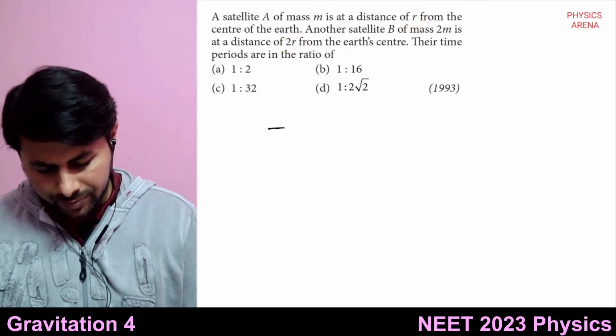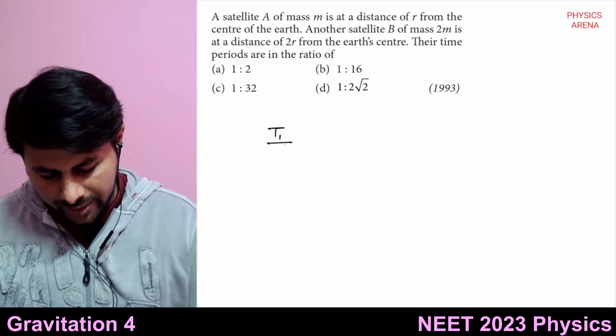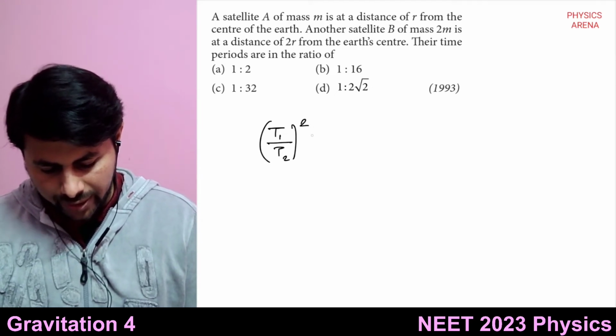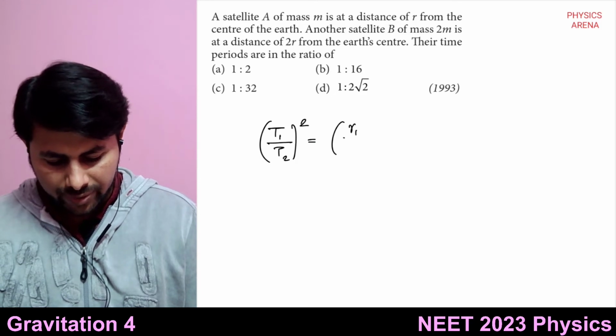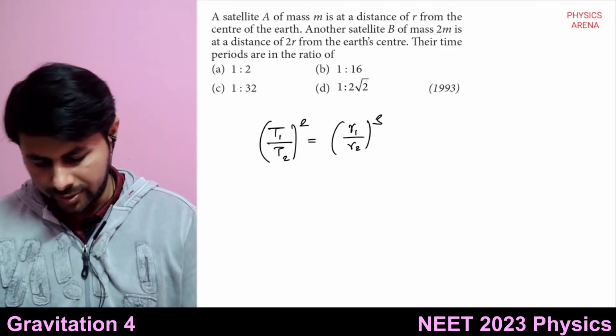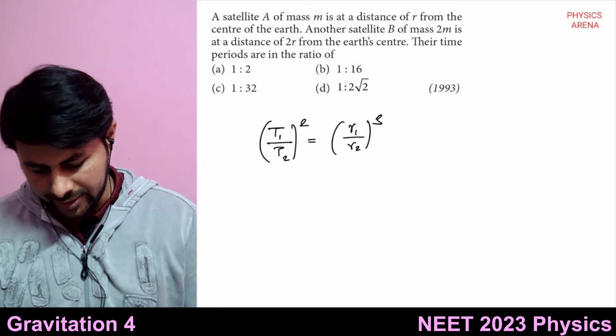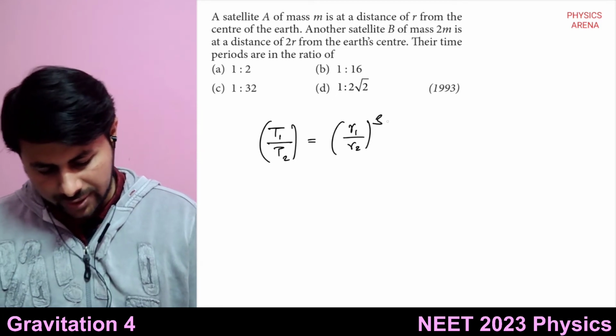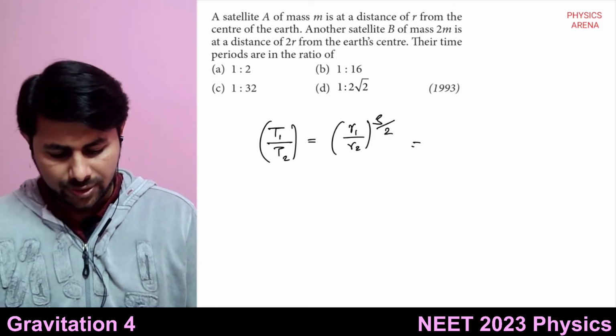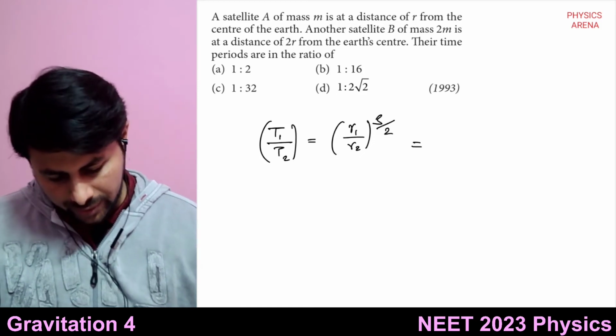So we know T1 by T2 squared equals R1 by R2 cubed, or if we take square roots, it is R1 by R2 raised to 3 by 2, right?